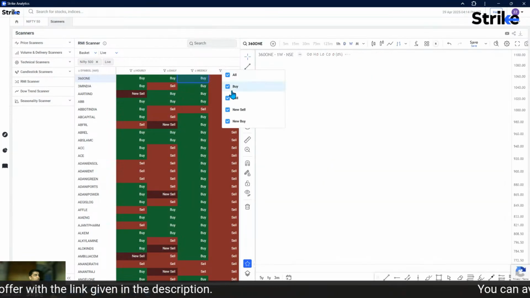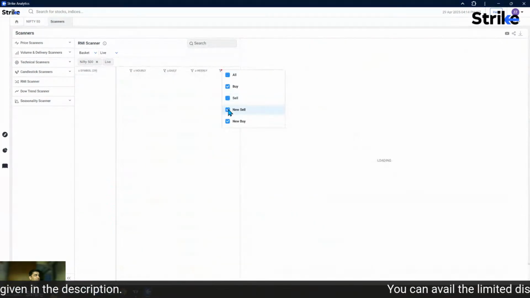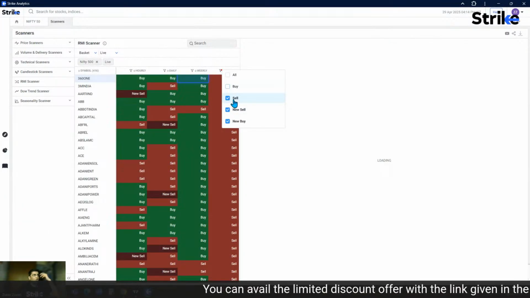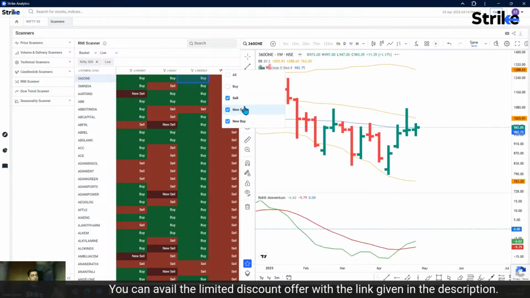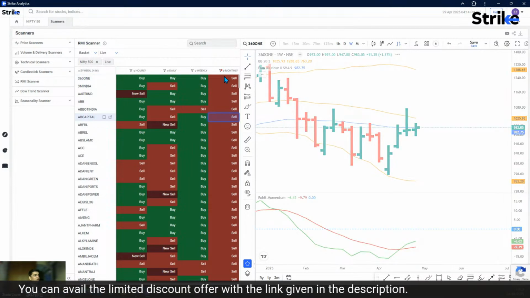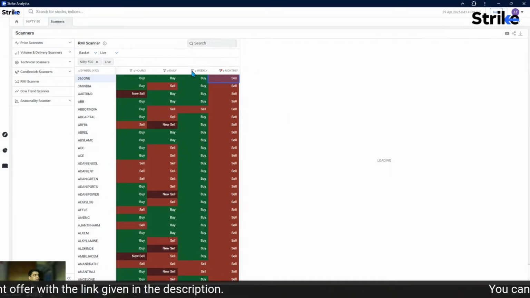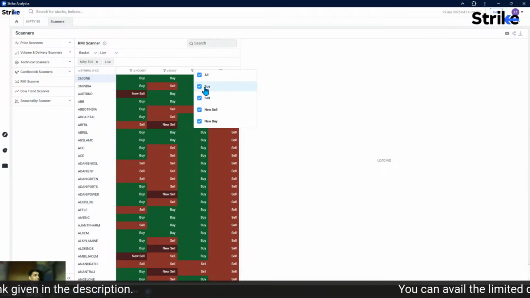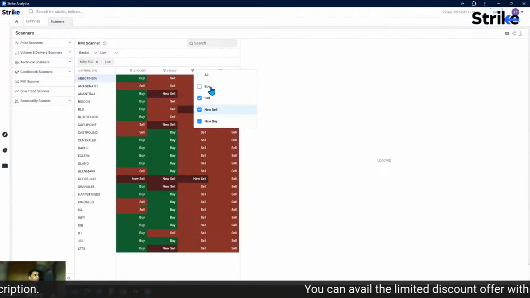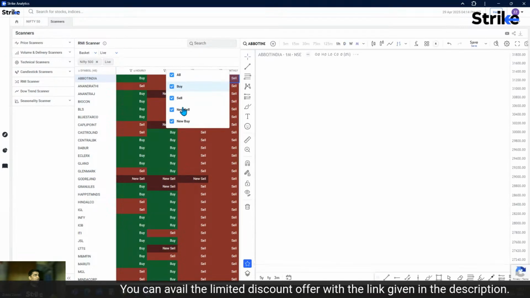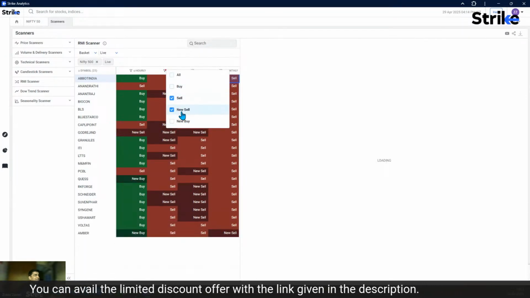What I also like to do, sometimes, if you are a seller, let's say there is a war erupting and the market gives a thumbs down, then I would want to look at the sell signals over here. So I'll remove all the buys and new buys, and keep only the sells and the new sells.